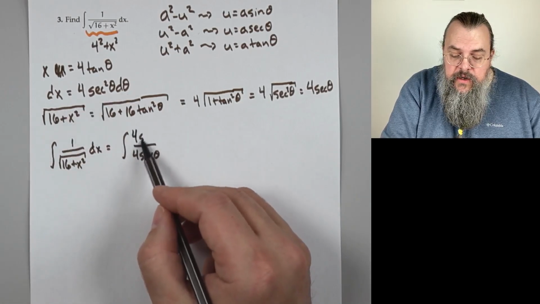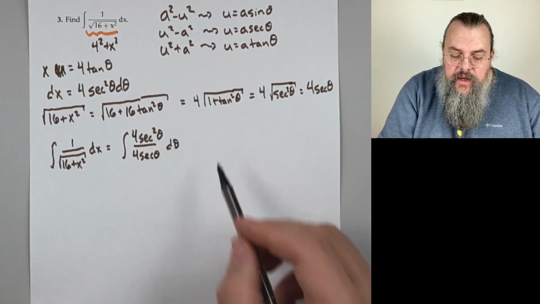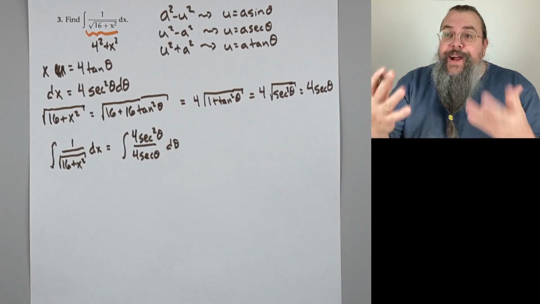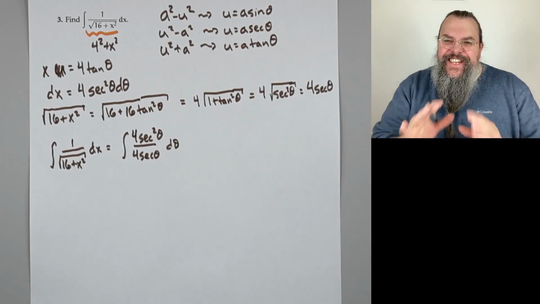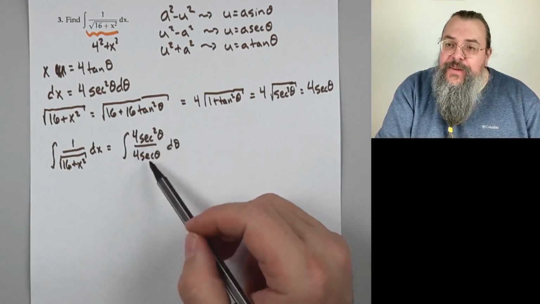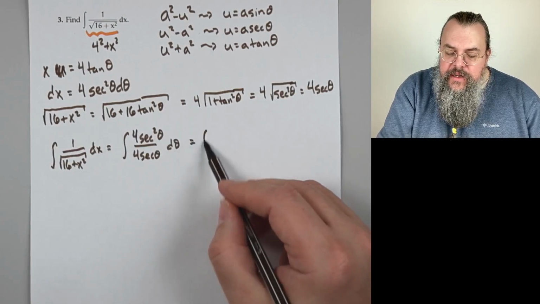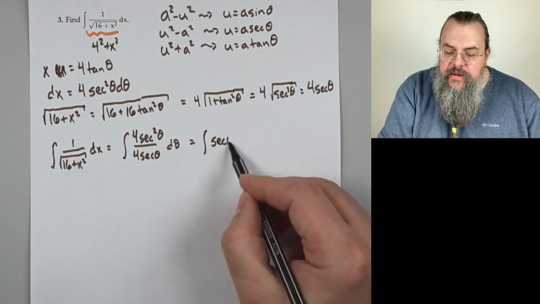And you're probably looking at this and saying, aha, the only thing that's left is the square. Oh, wait, no, that's not how cancellation works. The way cancellation works here is we can cancel off a single secant. And the 4s cancel as well. So we say, oh, that's the integral of secant theta.